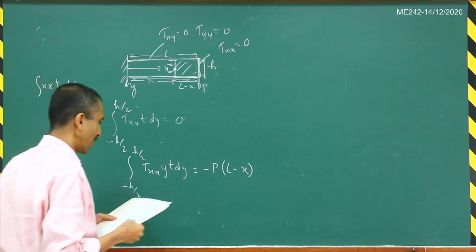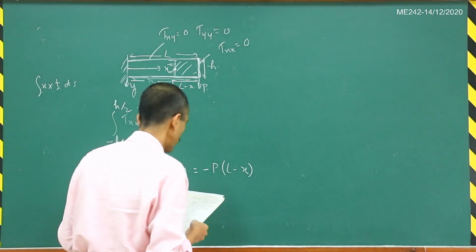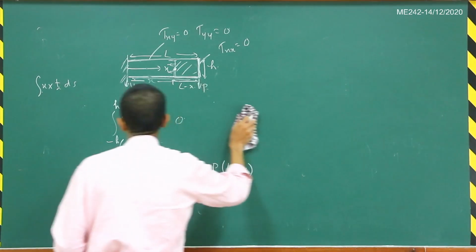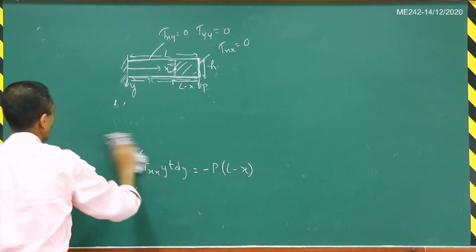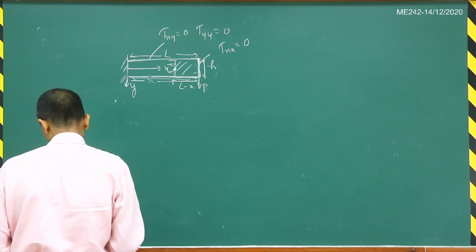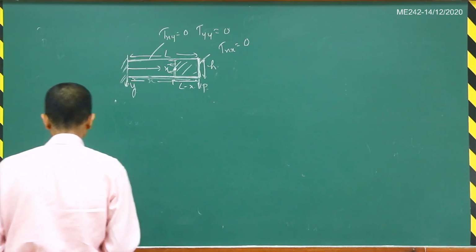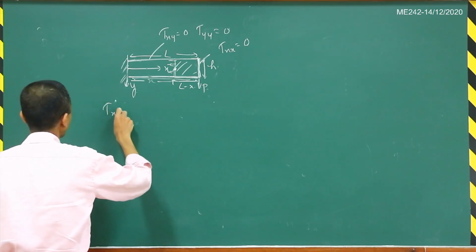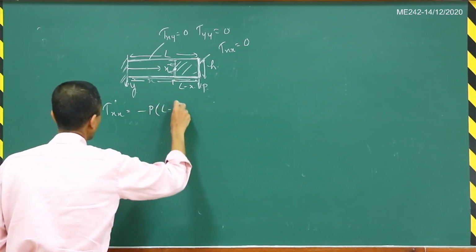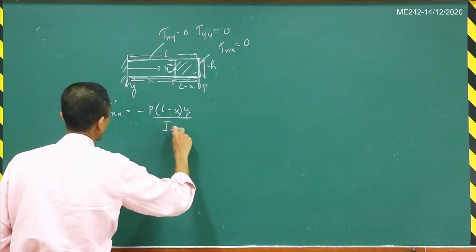Now we will do a little bit of analysis on this particular solution. If I find the expressions for these stresses, I will get tau xx equal to minus P times L minus x times y divided by I zz.